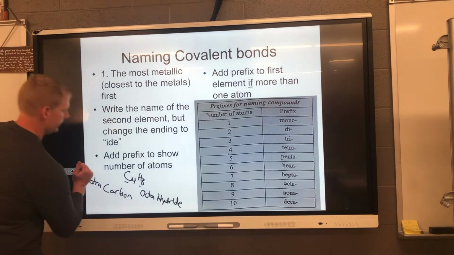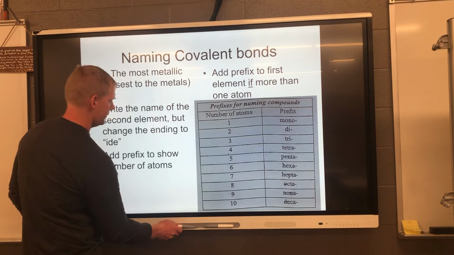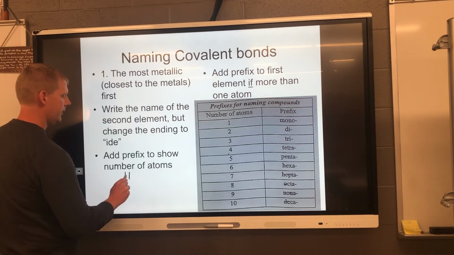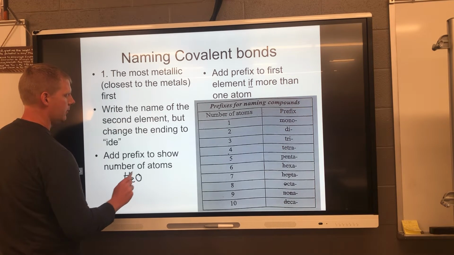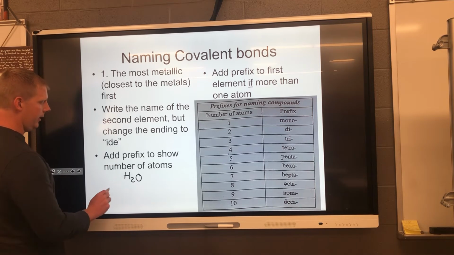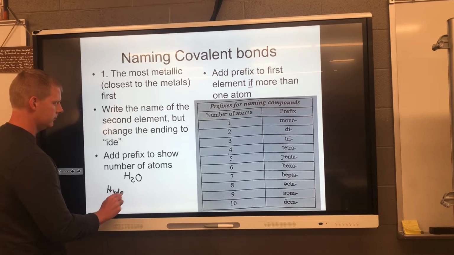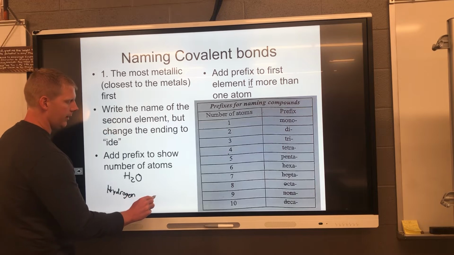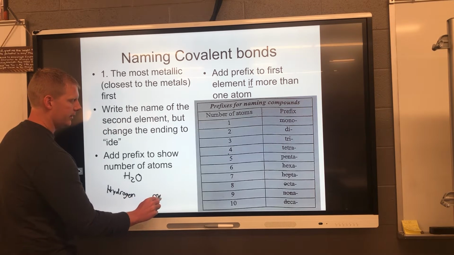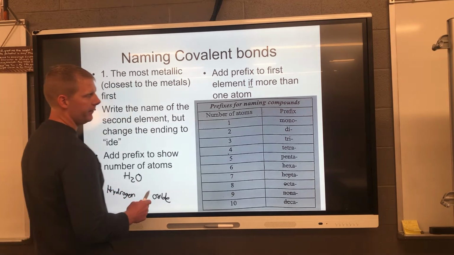Let's try another one. So let's try good old-fashioned H2O. So right here, again, I know I have hydrogen, I have oxygen, so I'm going to change that to oxide. Now I'm going to add the prefixes.